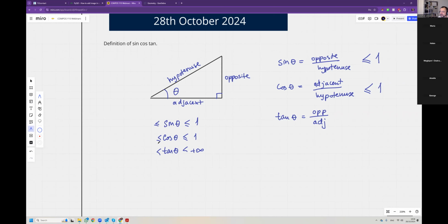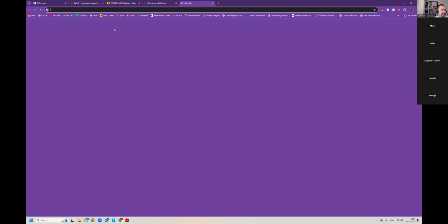Okay, so George says 0. Amelie says -1. Who's correct? What do you think? Well, if you remember the graph goes from +1 to -1. The biggest value is +1, the smallest is -1. Let's just do the graph.